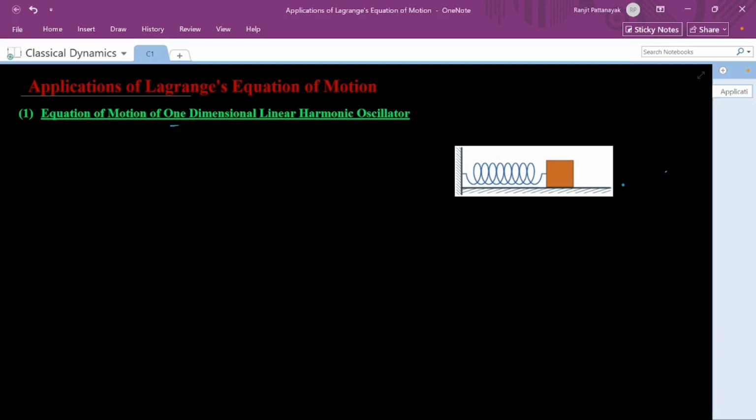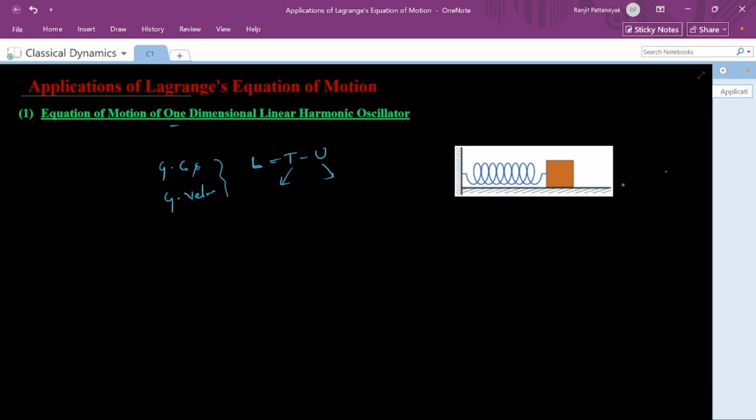For this one dimensional harmonic oscillator, whenever we have to find the equation of motion using Lagrange equations, we have to find the generalized coordinates, generalized velocities, and the corresponding Lagrangian, that is L equal to T minus U, where T is the kinetic energy and U is the potential energy.